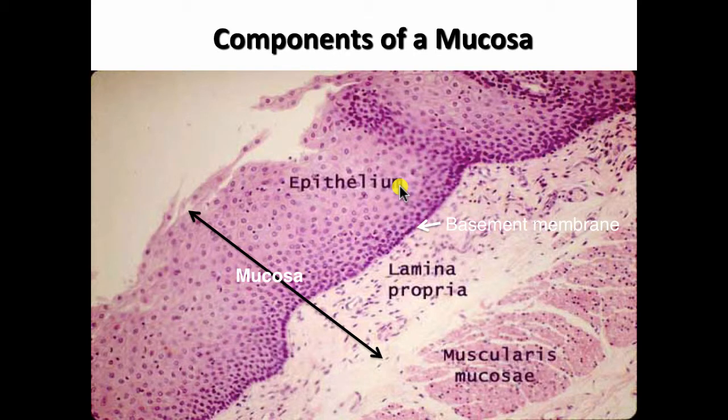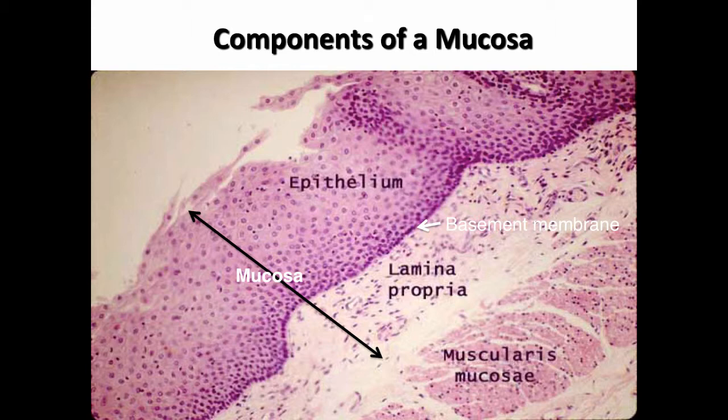Mucosa is a term that you're going to hear a lot about, and mucosa consists of an epithelium, the basement membrane, and the underlying lamina propria. And we only talk about mucosas for epithelia which line the wet open tubules of a body, such as the digestive system, the respiratory system, the urinary system, and the reproductive system.